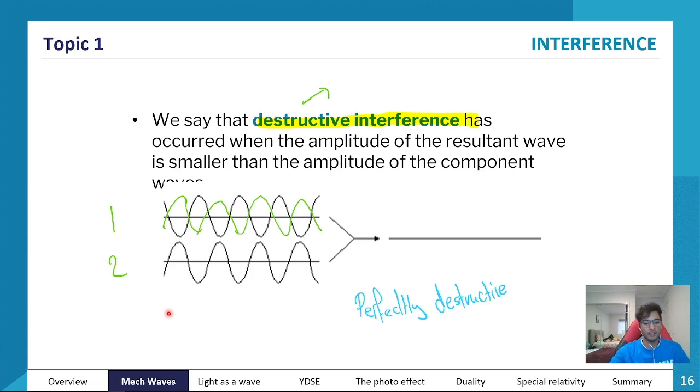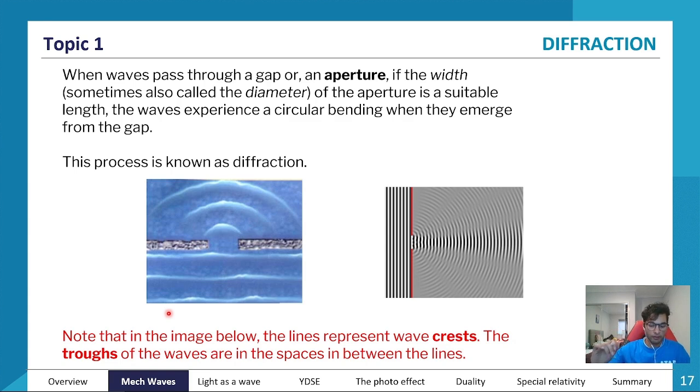And if that's the case, destructive interference would be the opposite. Destructive meaning you're destroying something, and so in that case, you're destroying the wave, you're making it smaller. And yeah, hopefully with that, you won't get confused between the two. Cool.